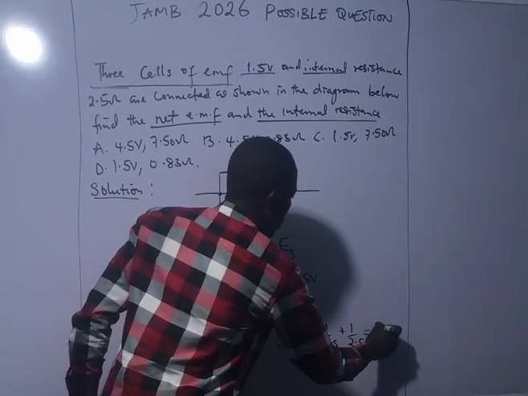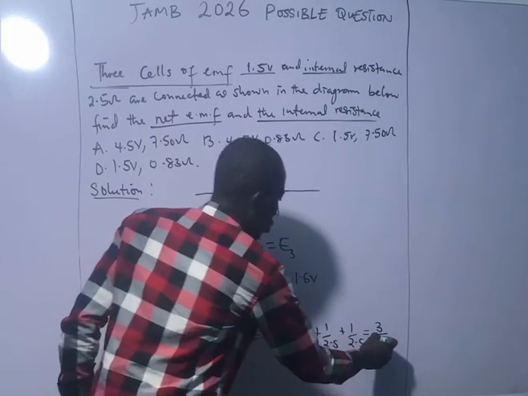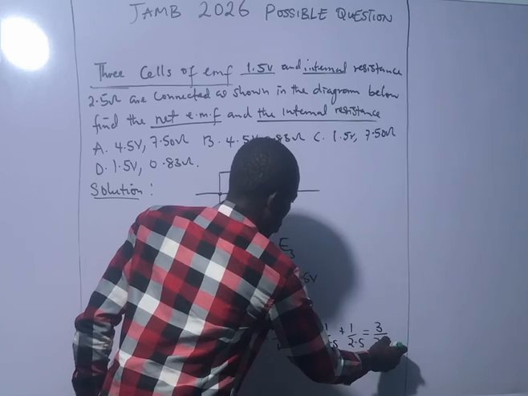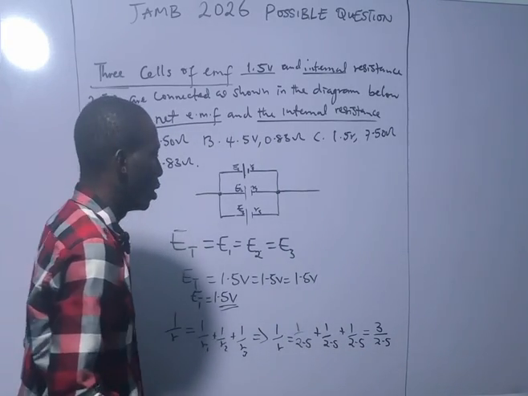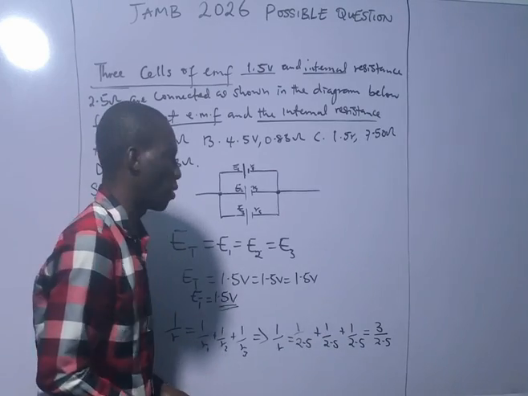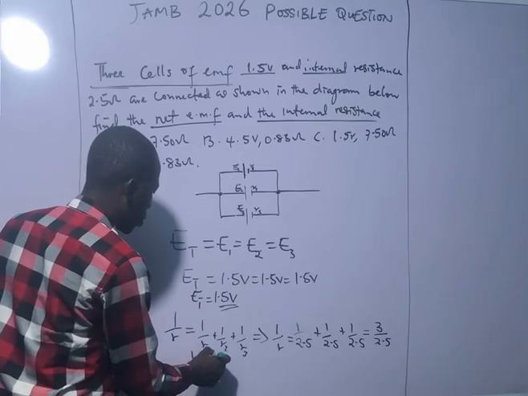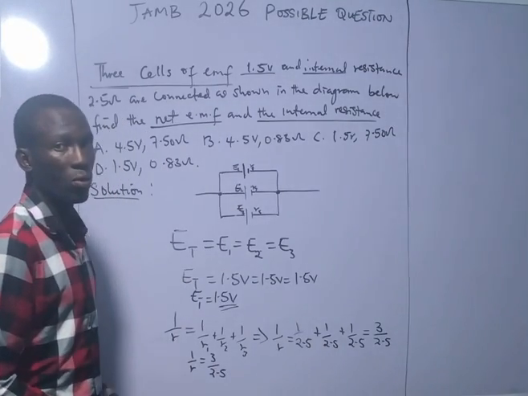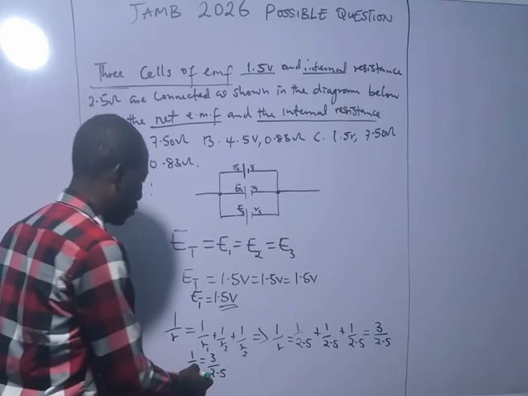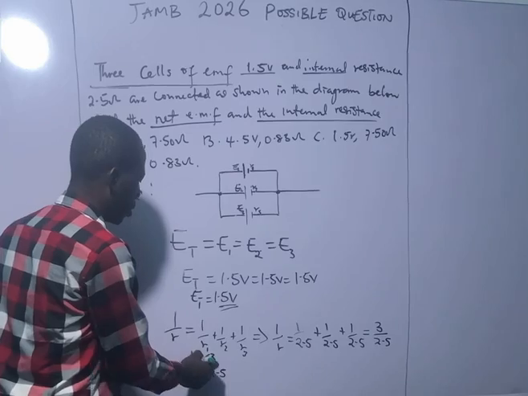Then take a common LCM, which is 2.5. Since I have 2.5, I want to have 1 over r equal to 3 divided by 2.5. Now, for us to find r, remember that what we're looking for is the internal resistance. We have to cross multiply.